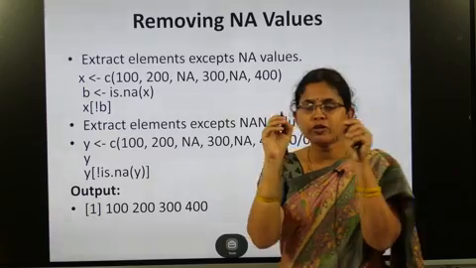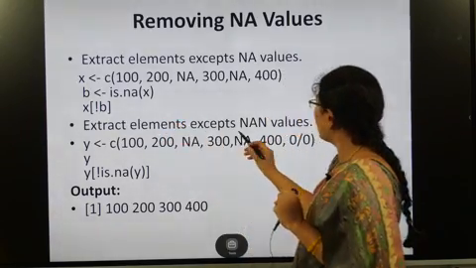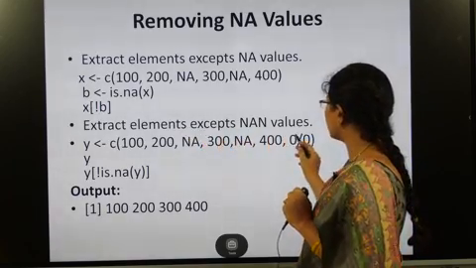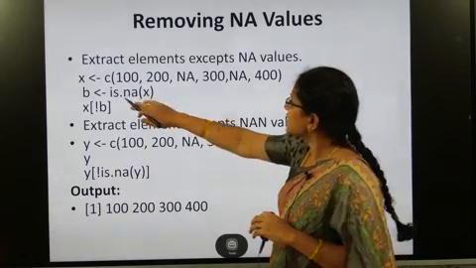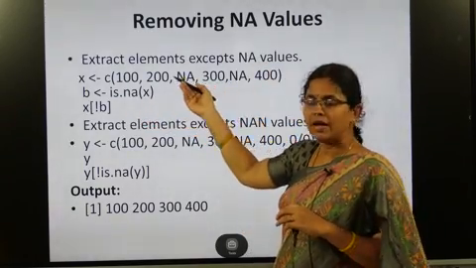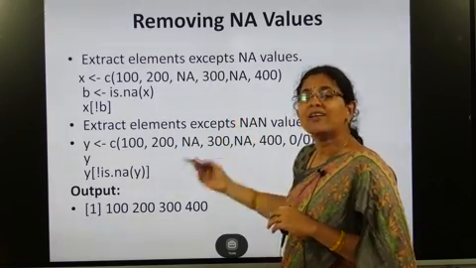In this I have to use the square brackets, if you want to extract elements except NA values. So this is the criteria how to remove the NA values, and this is the criteria how to remove the NaN values.